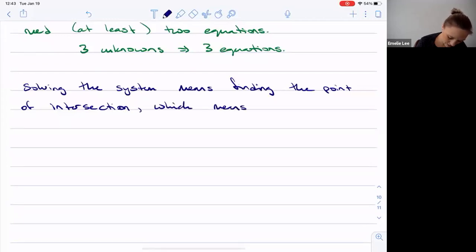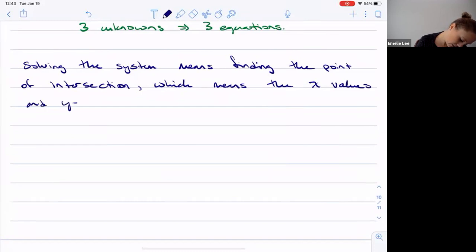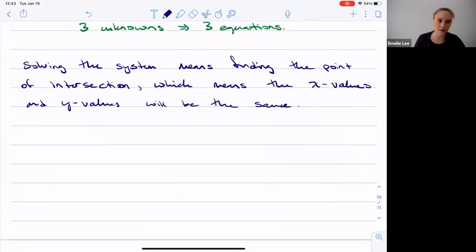Which means the x values and the y values will be the same. Okay.